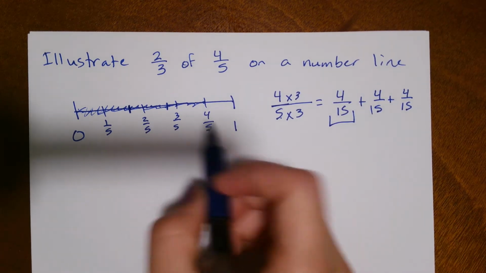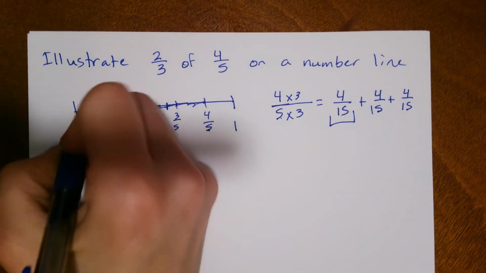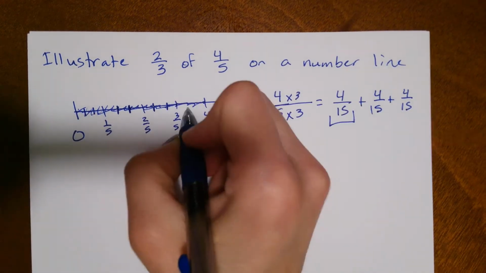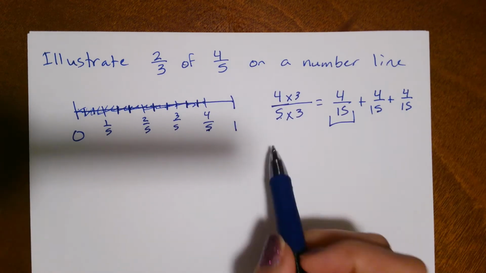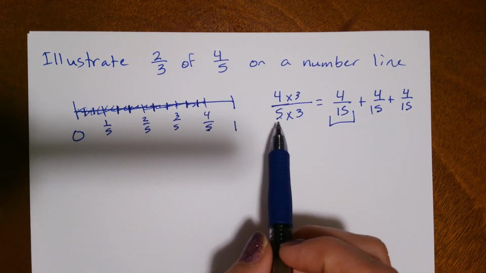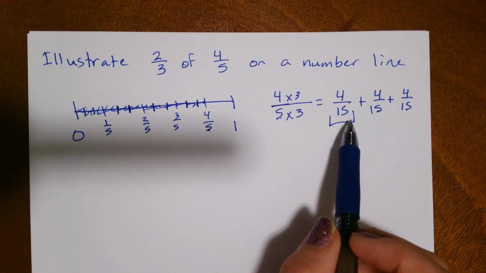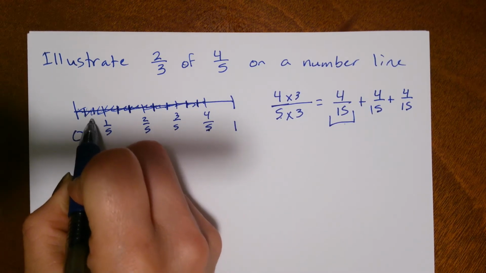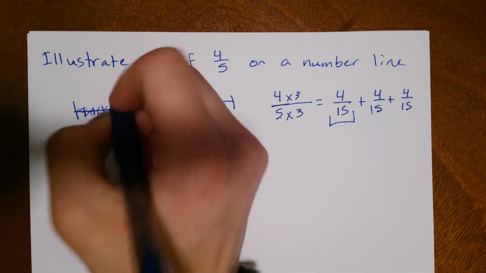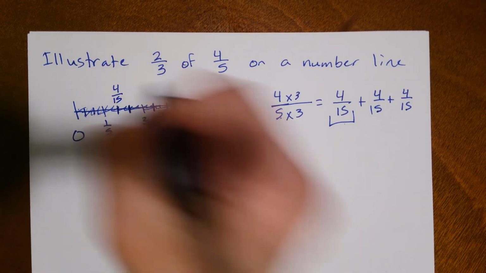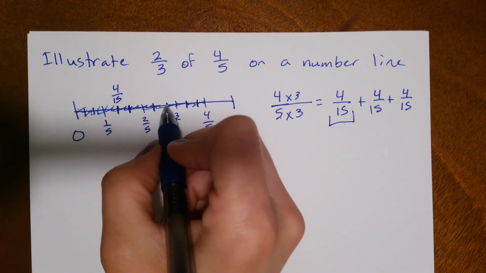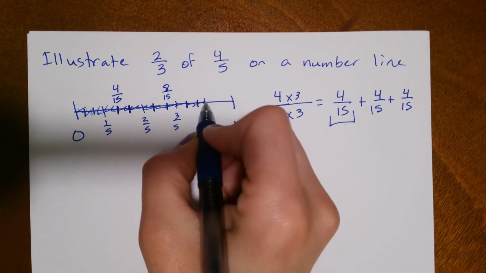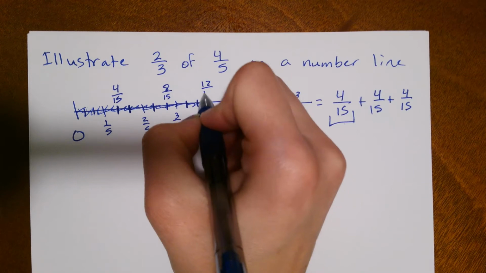So if I take each one of my fifths now and break it into 3 pieces, then 4/5 represents one of those pieces. So I have 1, 2, 3. Here's 4 15ths. I was close. 1, 2, 3, 4. Here's 8 15ths. And 1, 2, 3, 4. Yeah, there's 12 15ths. There we go.